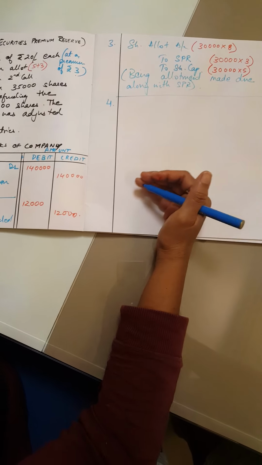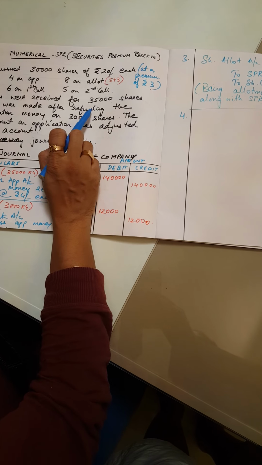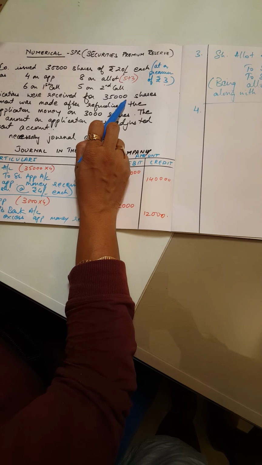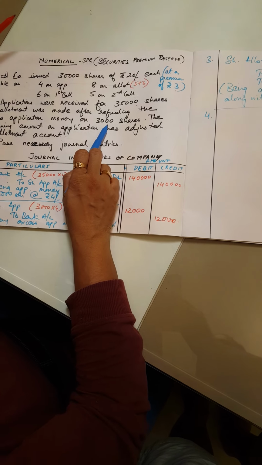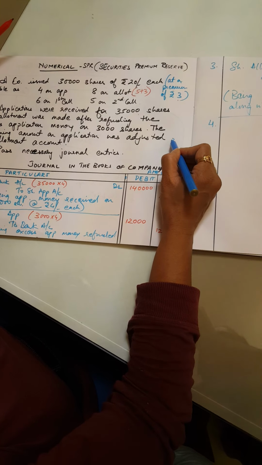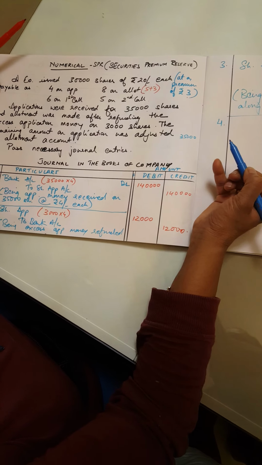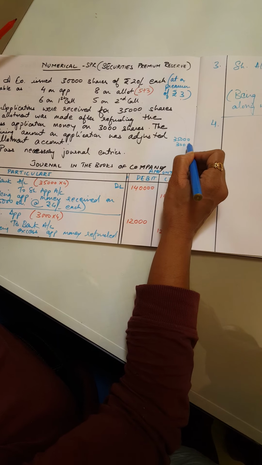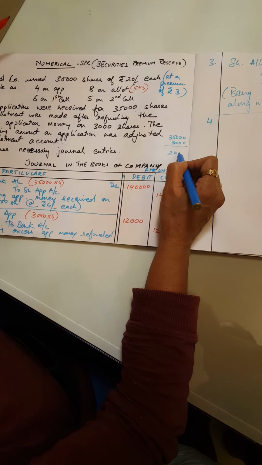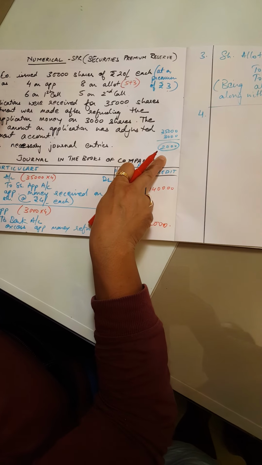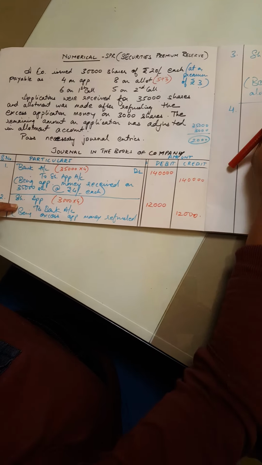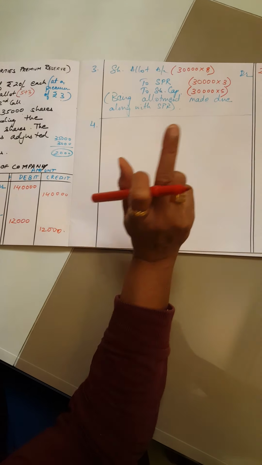Now our fourth entry is of receiving the allotment money. When you receive the allotment money, you have to take note that you have received applications for 35,000 shares. You have refunded the money on 3,000 shares. So that means 35,000 application received, 3,000 refunded. There is still a pending on 2,000 shares. This 2,000 shares share application will be adjusted at the time of allotment.